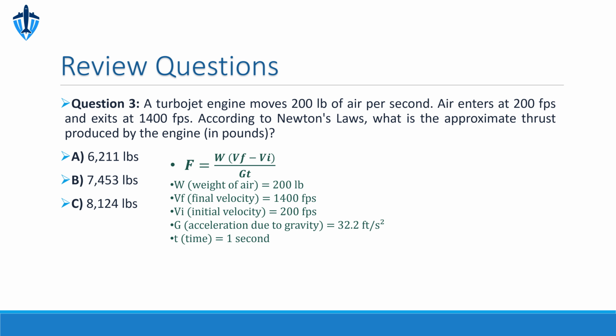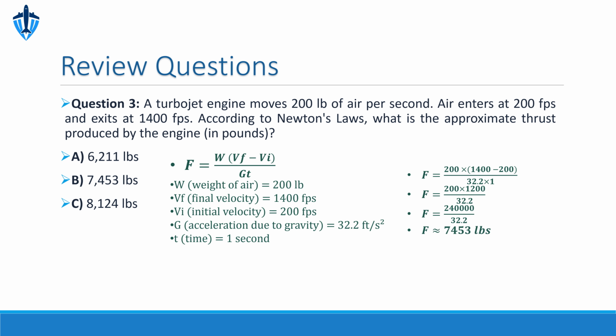Now, let's plug in the values. F equals 200 times (1400 minus 200), divided by 32.2 times 1. F equals 200 times 1200 divided by 32.2. F equals 240,000 divided by 32.2.